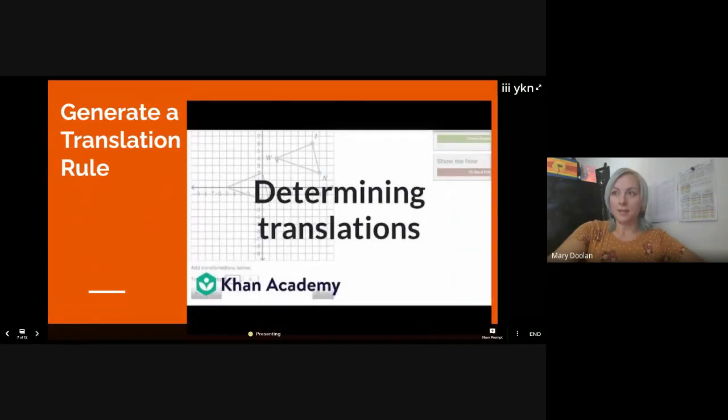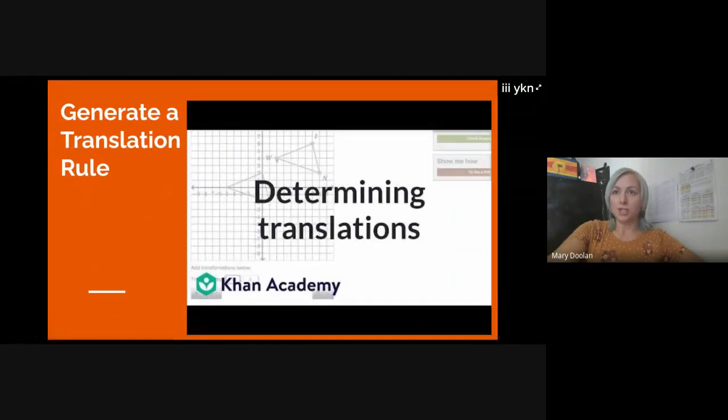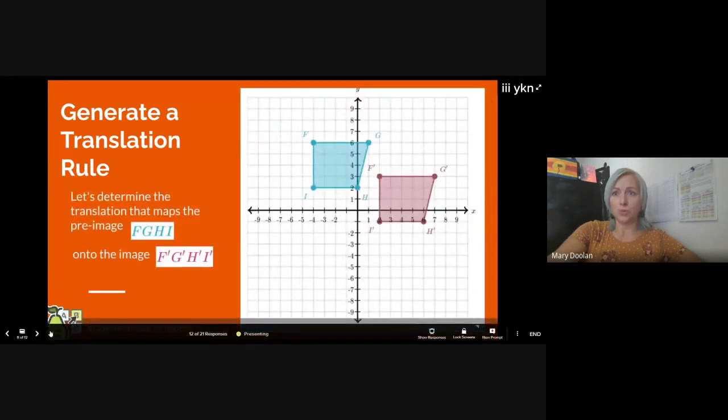And then this next part was generate a translation rule. So we're going to determine the translation that maps the pre-image. Okay, the pre-image is this blue polygon, FGHI. What do we do so that it turns into F prime, G prime, H prime, I prime?